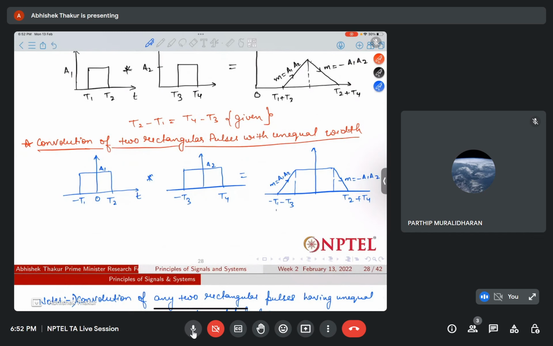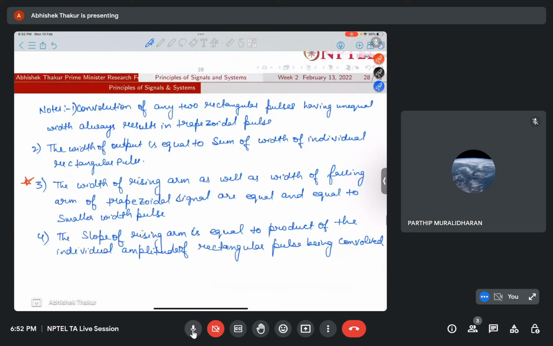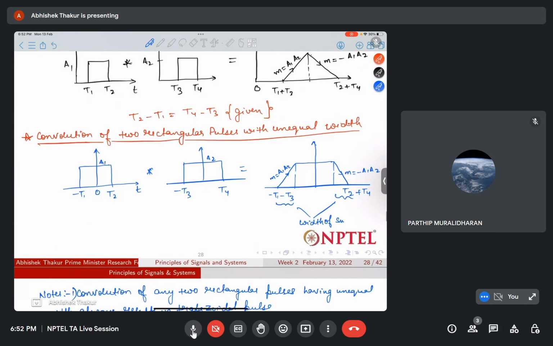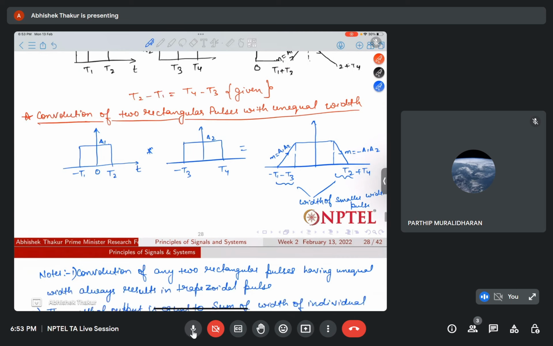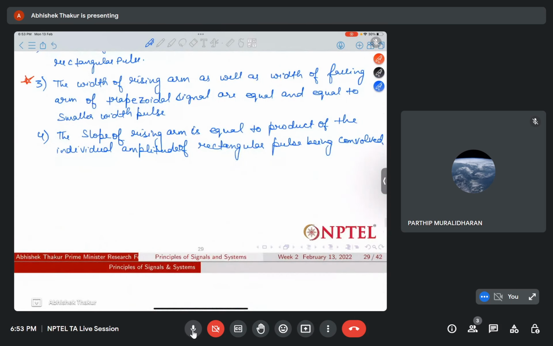Understood? And this width is equal to the width of the smaller width pulse. This means either it will be T2 plus T1 or T4 plus T3, whichever is smaller, that will be the width.